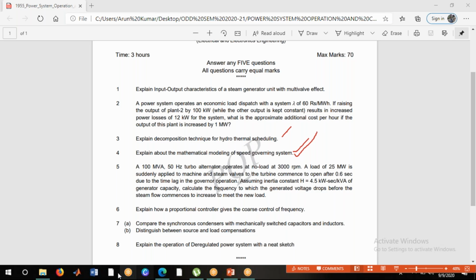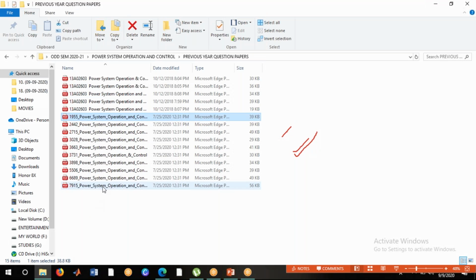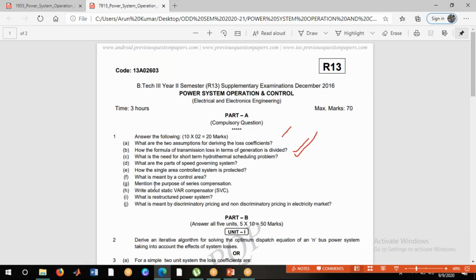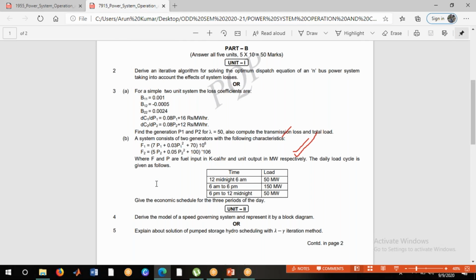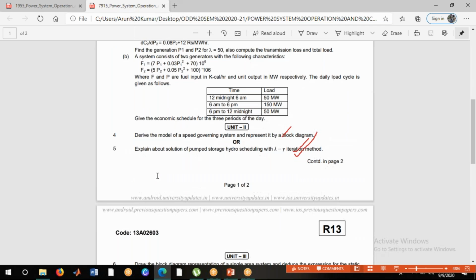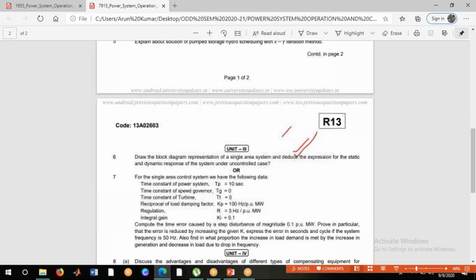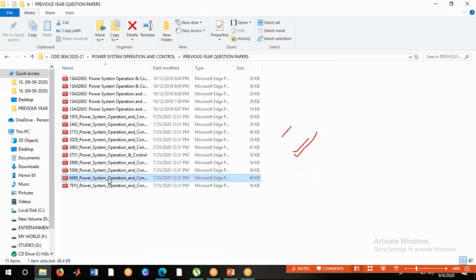Now let me see one more question paper. So here also the same. Derive the model of fluid governing system and represent this block diagram and explain about solution of pumped storage hydrothermal scheduling with iteration method. So this is the same question in this paper also. You see one more question paper.